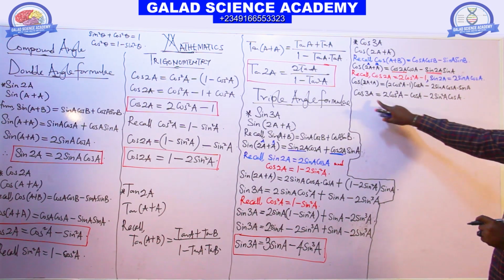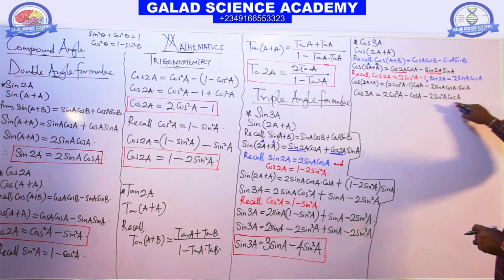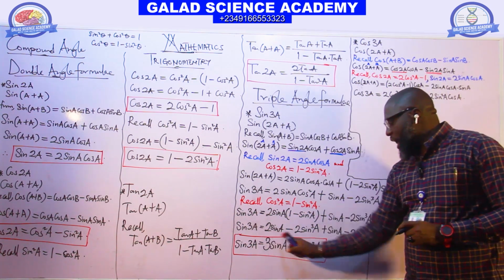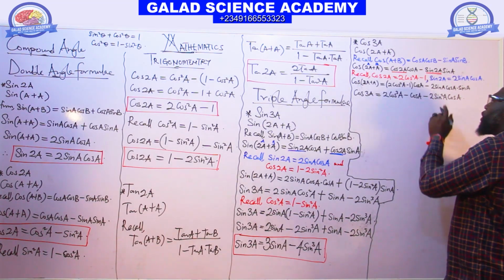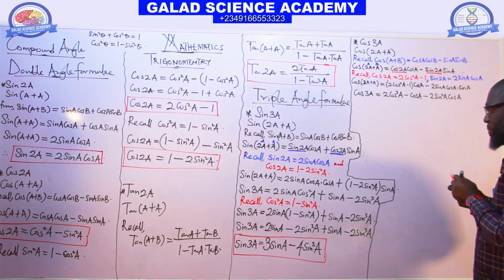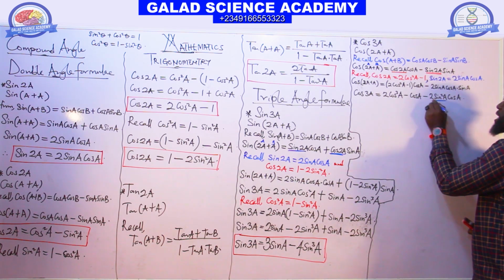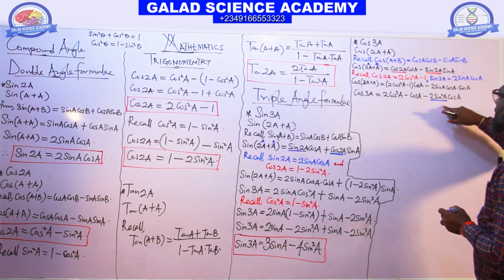Yes, but this is cos, and I said everything you add there must be in cos form. Like what we did here, that everything we add there must be in sine form. So what can we do now? I need to eliminate this sine square theta.